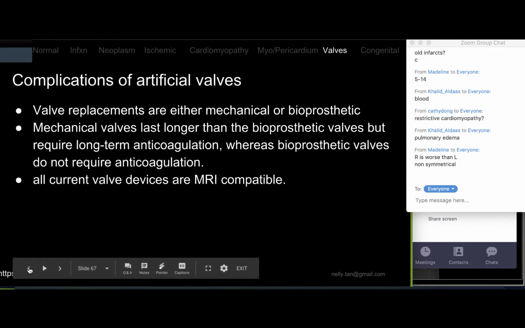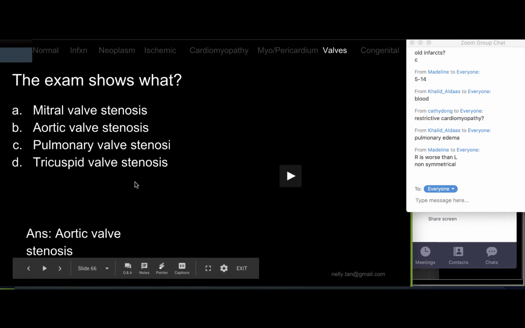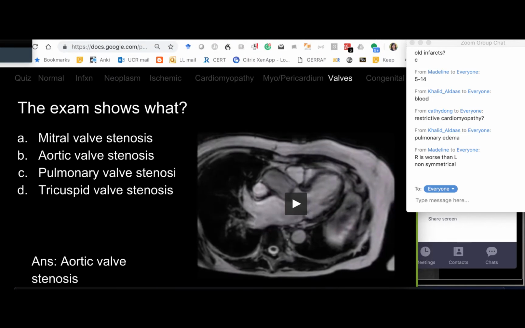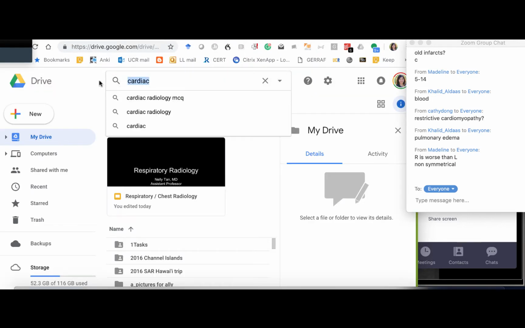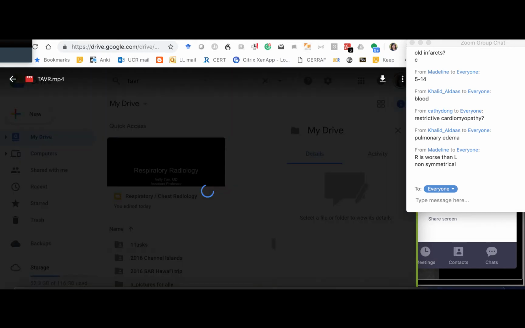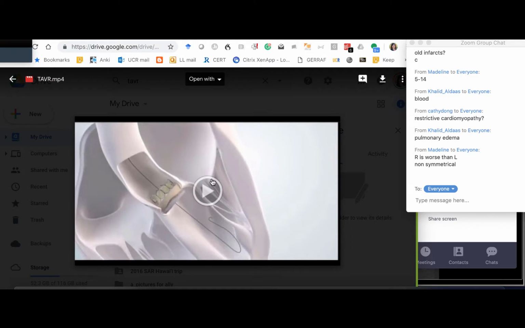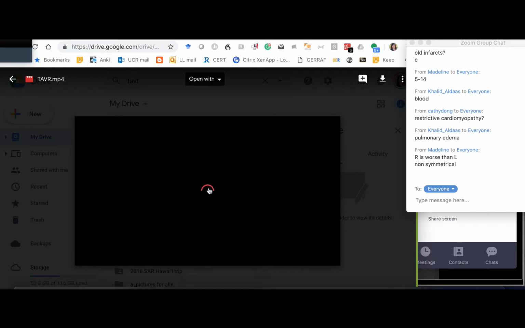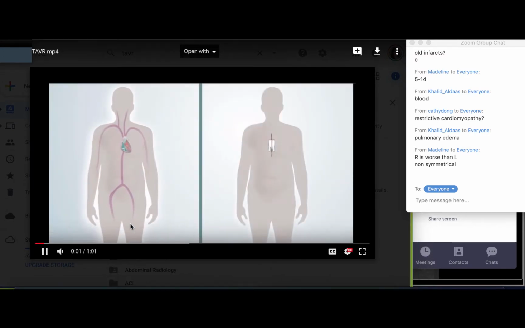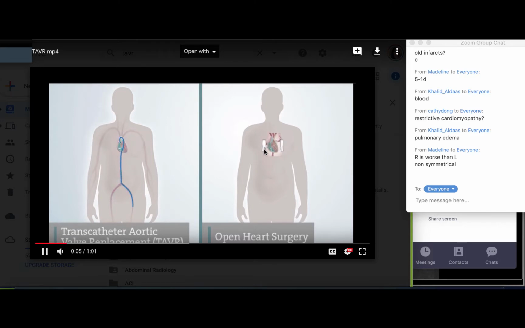Complications of, I guess we don't have TAVR here, but do you guys know about TAVR? TAVR is a way to treat aortic valve stenosis percutaneously. Before, if patients had critical aortic valve stenosis, they had to undergo open heart surgery and have their aortic valve replaced.